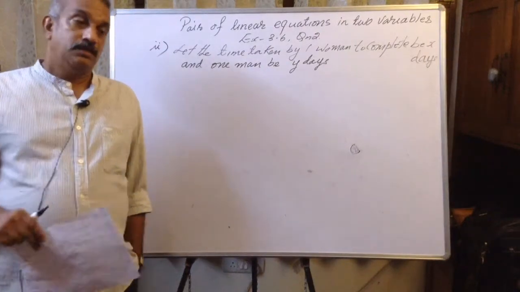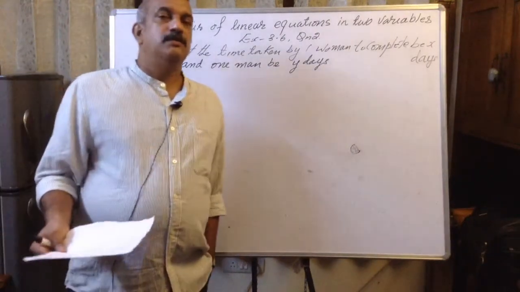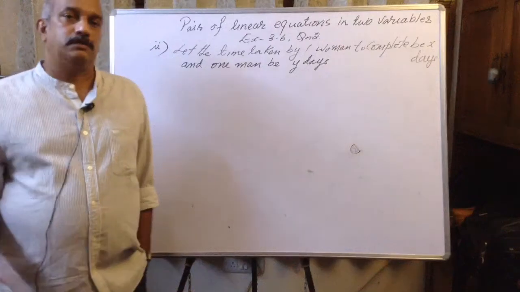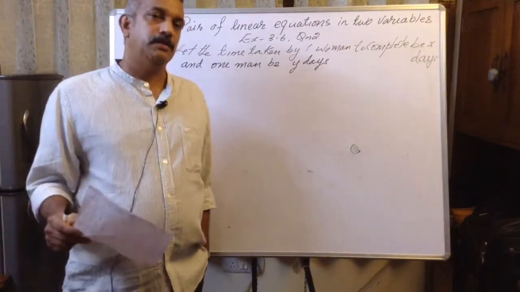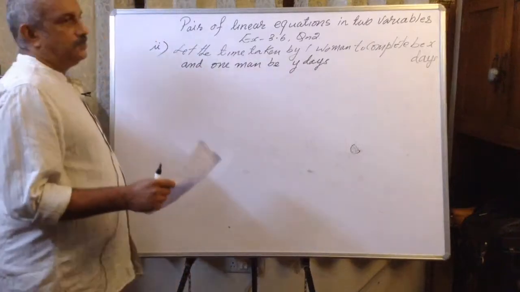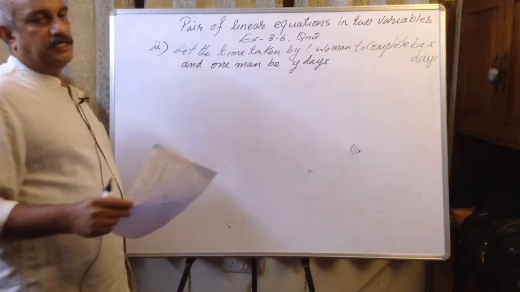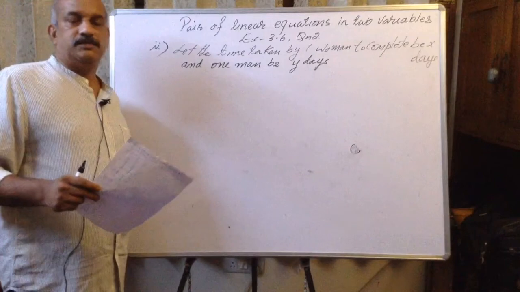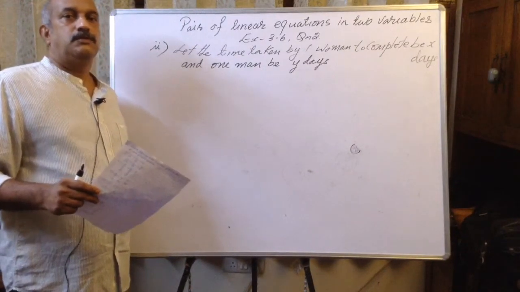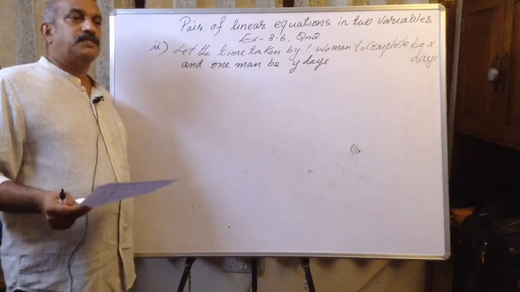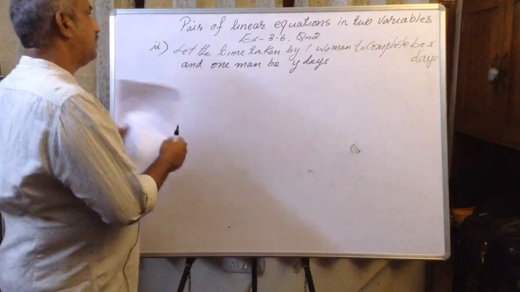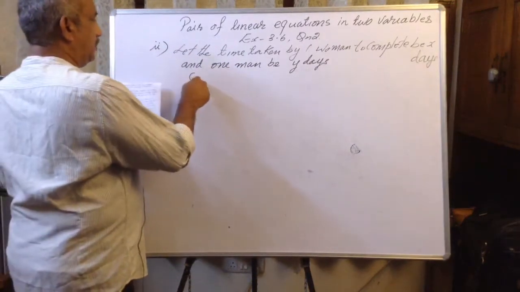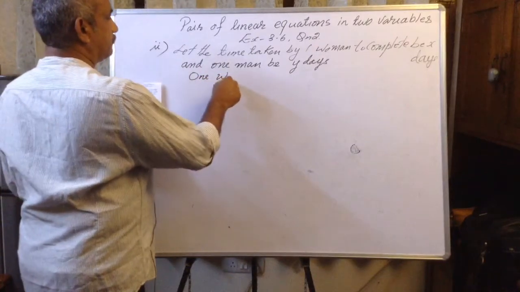What part will you read in 1 day? 1/20. Same way, if I can complete an assignment in 4 days, what fraction of the assignment am I completing in 1 day? 1/4.